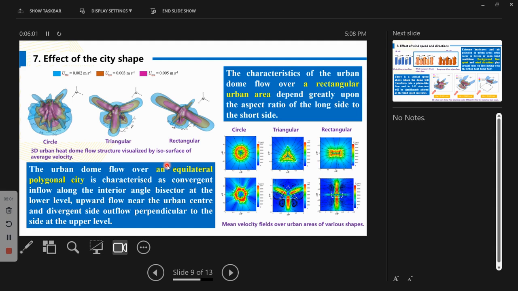We also use this model to study the flows over different city shapes, and you can see some structures above the different city shapes.